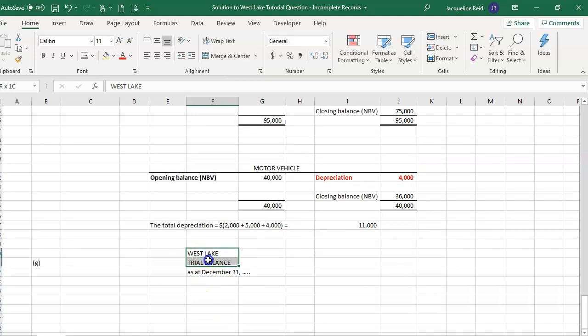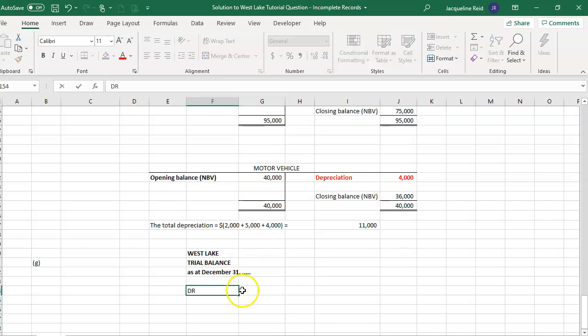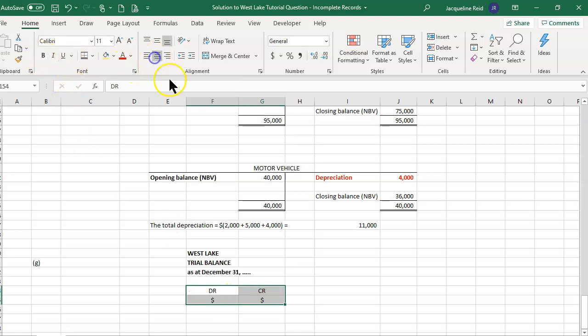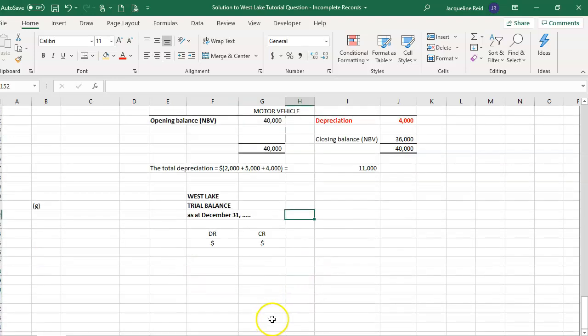Now what we do know is that in our trial balance, we're going to have a debit column and a credit column, and some dollar values somewhere in the mix. So remember now, at the end of the day, all of our debits that we're going to put in must equal all of our credits.